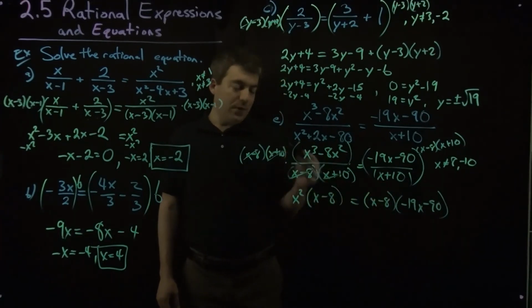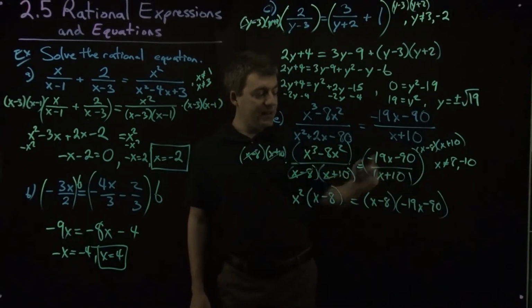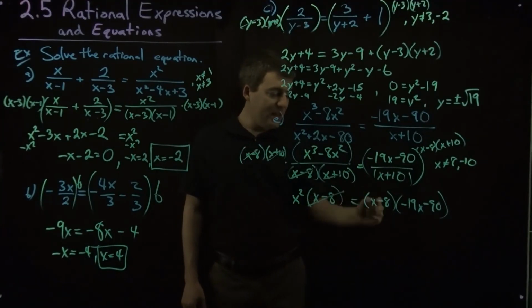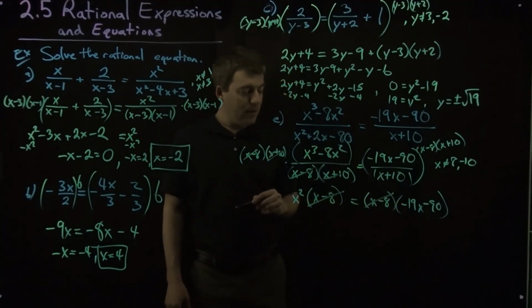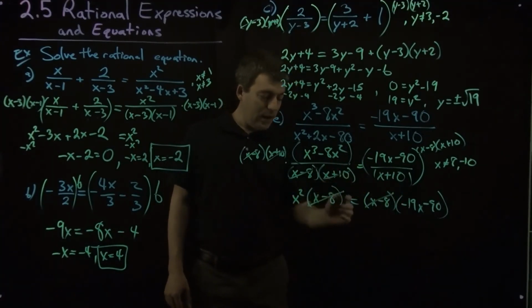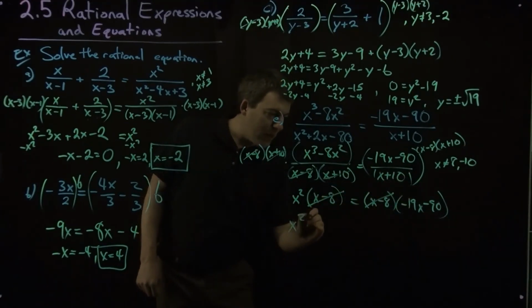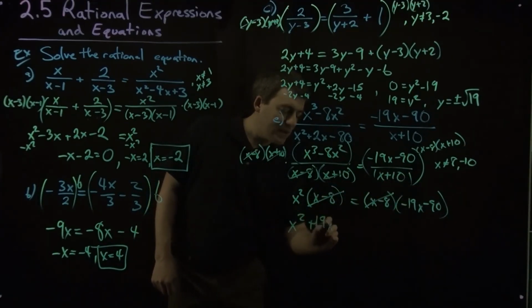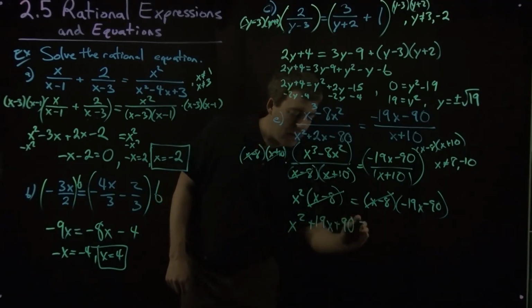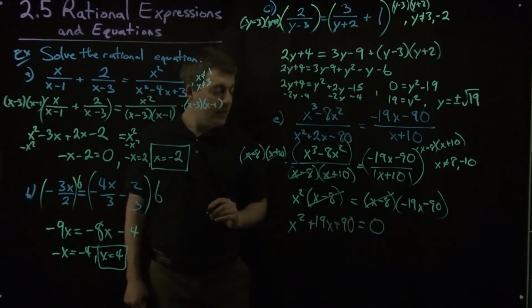Right, now, since we've already said that x can't be 8, it's safe to divide these out from both sides. And we'll go ahead and move everything to the left-hand side. So x squared plus 19x plus 90 equals 0.